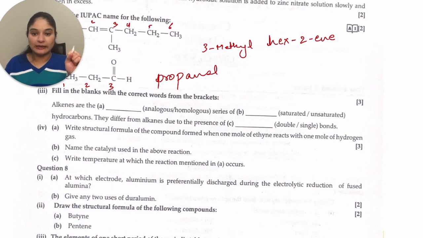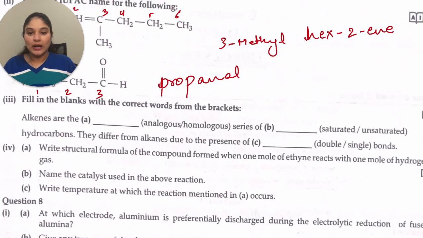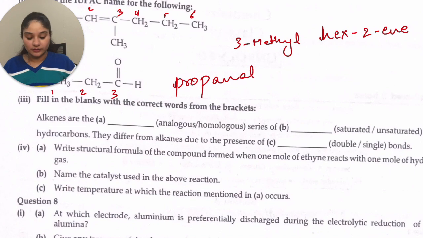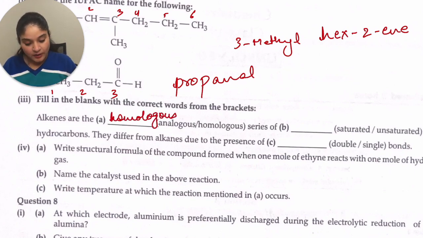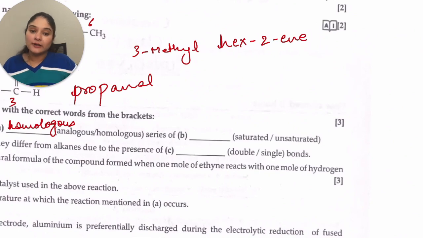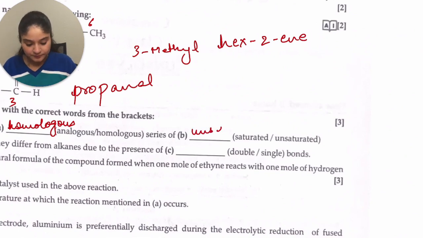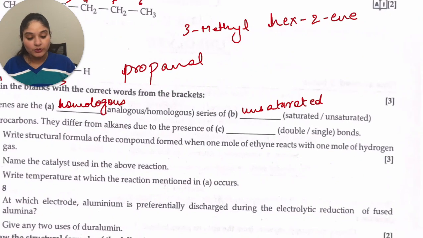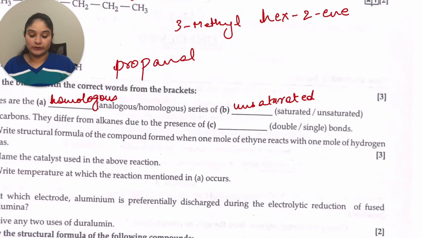They differ from alkanes due to the presence of dash bonds. Okay, let's see. So alkenes are a homologous series of unsaturated hydrocarbons. They differ from alkanes due to the presence of double bonds.